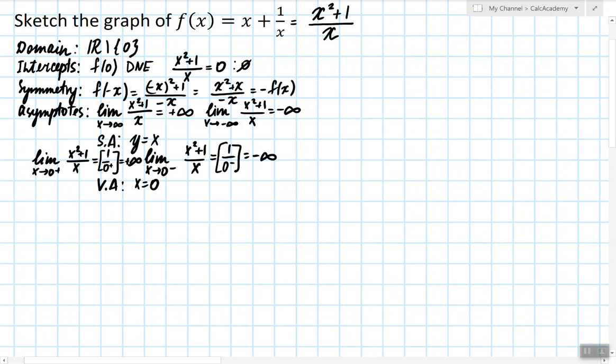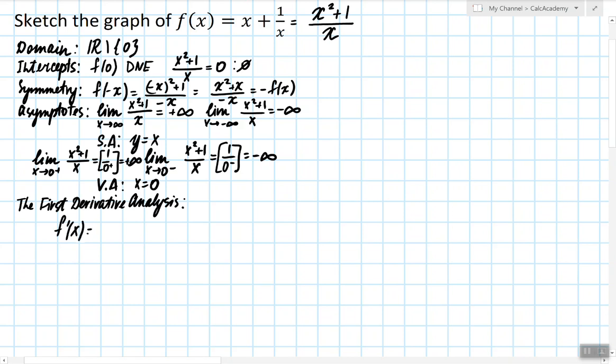Next, we do the first derivative analysis. To do the first derivative analysis, we have to find the derivative of this function. It is x squared plus 1 over x, which is a quotient, so we can use the quotient rule.